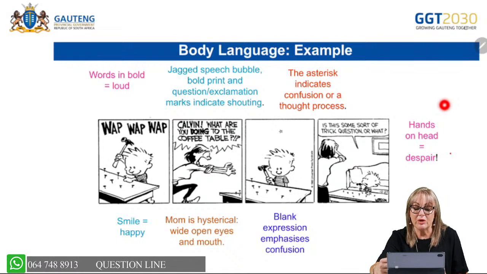She asked him what he's doing and he feels his mother can see what he's doing. He's putting nails in the coffee table. And to him it's normal because he's a naughty boy. But to his mom it's just shocking.